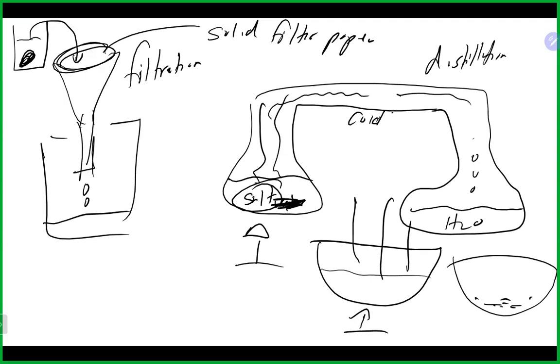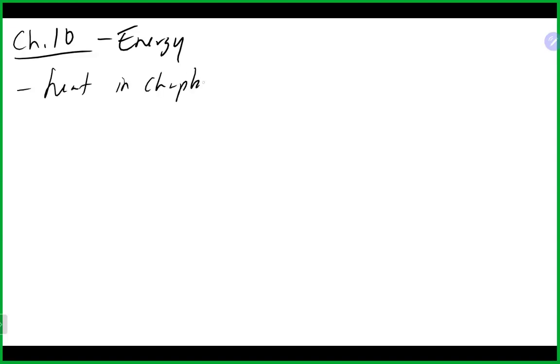All right, so I think that was chapter 3. Then we, I think, jumped to chapter 10, which was energy, if I am not mistaken. And remember that energy, also, we talked about kind of heat in this chapter. And heat flows from hot to cold.